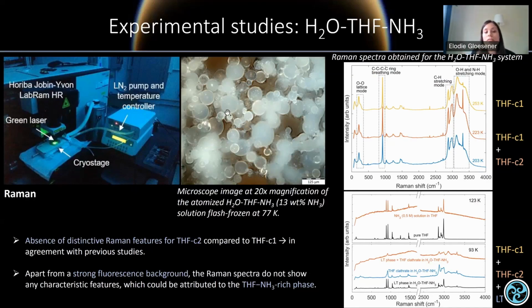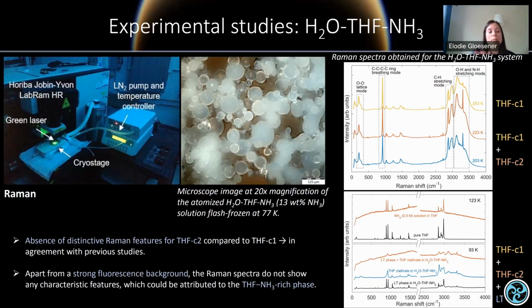And you can see a microscopic image here in the middle of our atomized solution. And so the microdroplets were directly deposited in a liquid nitrogen bath and then transferred with a pre-cooled spatula in the cryostage that you can see here under the laser of the Raman spectrometer.